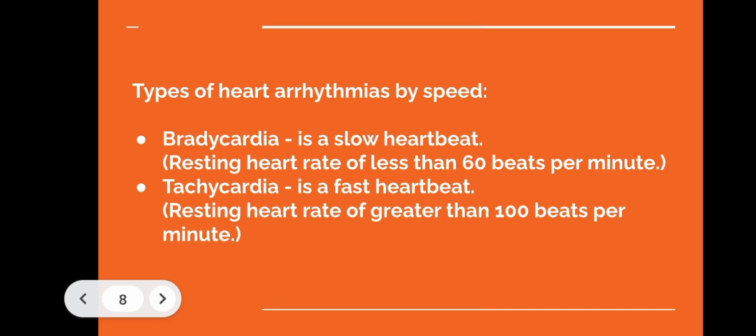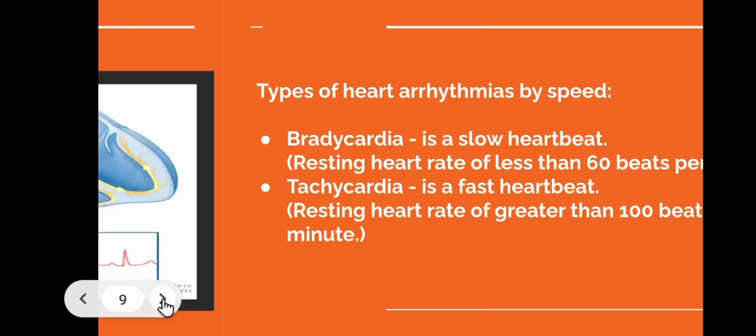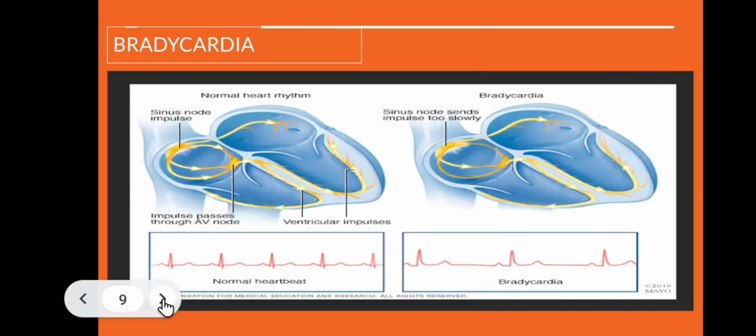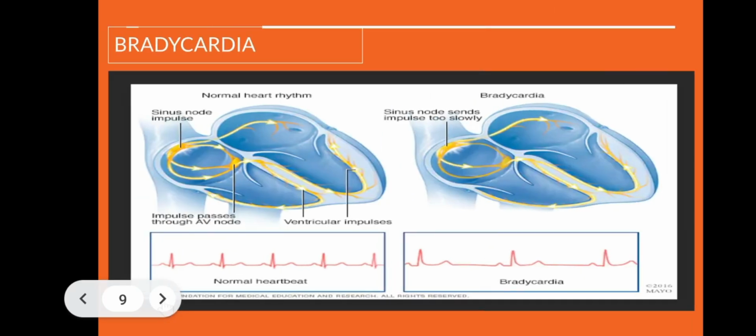Now, let's have bradycardia. We are aware that the normal beats of our heart is around 60 to 100 times per minute. So we could safely say that when we are referring to bradycardia, it's slower than 60 to 100 times per minute.